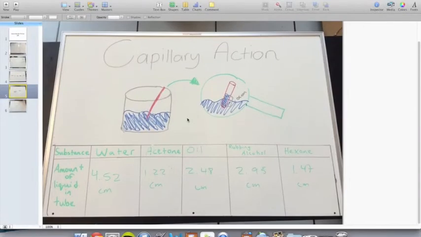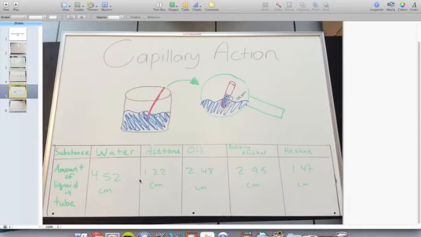The next test was the capillary action, where we took a little glass tube that was very, very thin in diameter, and we placed it into a beaker or a test tube of the substance. And then the liquid would suck up into the tube a certain amount, which is seen right here magnified, where the liquid is slowly creeping up the tube.